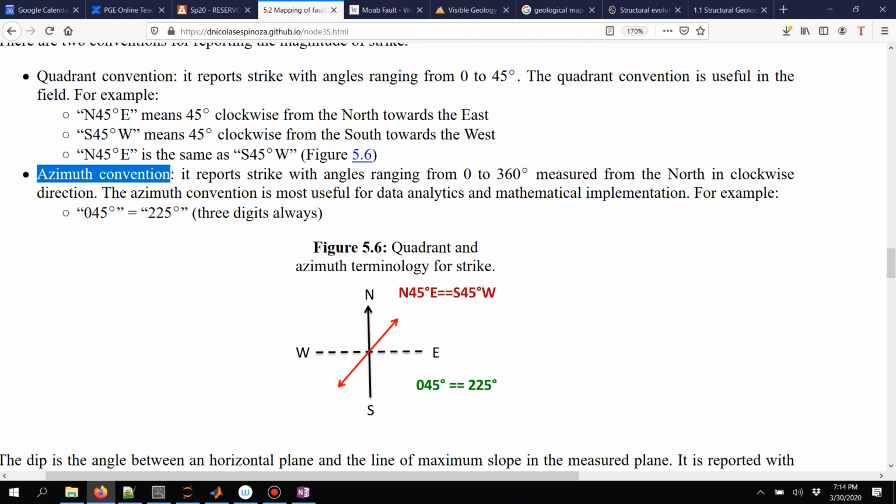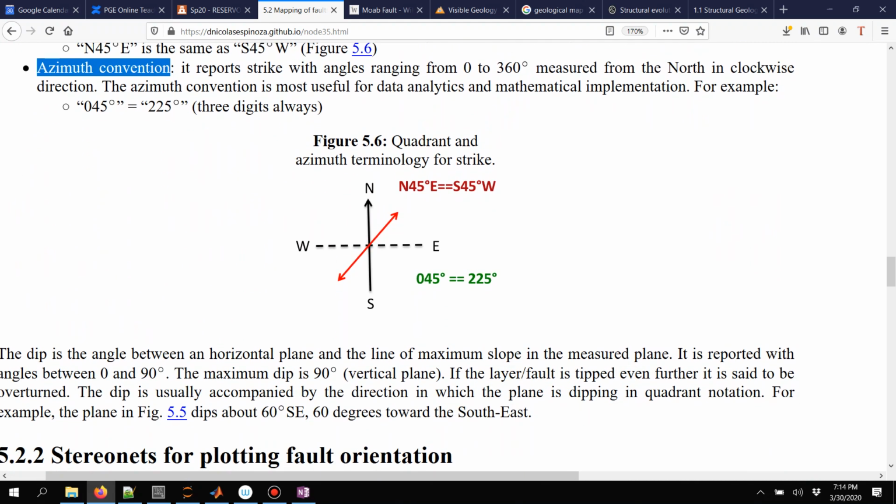But for now, let's just leave it like that, as those are equivalent. And one more thing, for the azimuth convention, you add a 0 to the angle if it's not higher than 100 degrees. So anything less than 100 degrees, you will add a 0 just to make sure that you are reporting this in the azimuth convention.